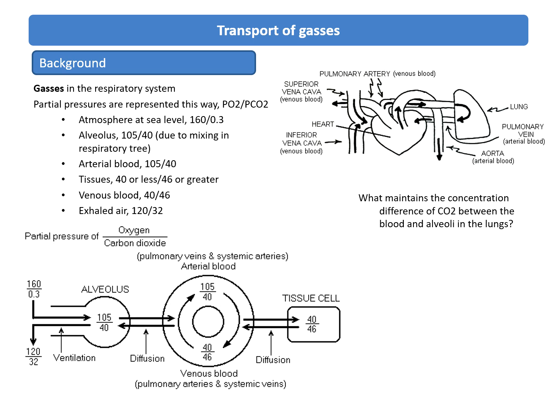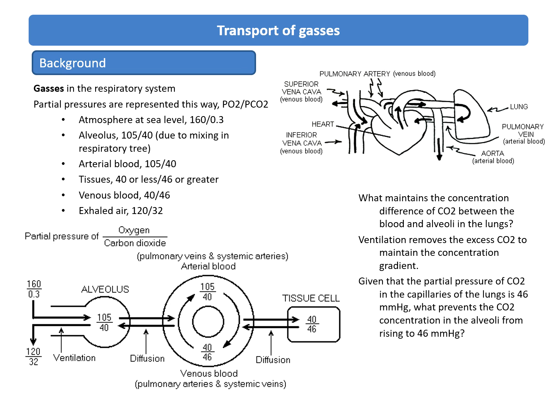What maintains the concentration difference, that is, the gradient of carbon dioxide between the blood and the alveoli in the lungs? Ventilation removes the excess CO2 to maintain the concentration gradient. This was discussed with the U-shaped container a moment ago.